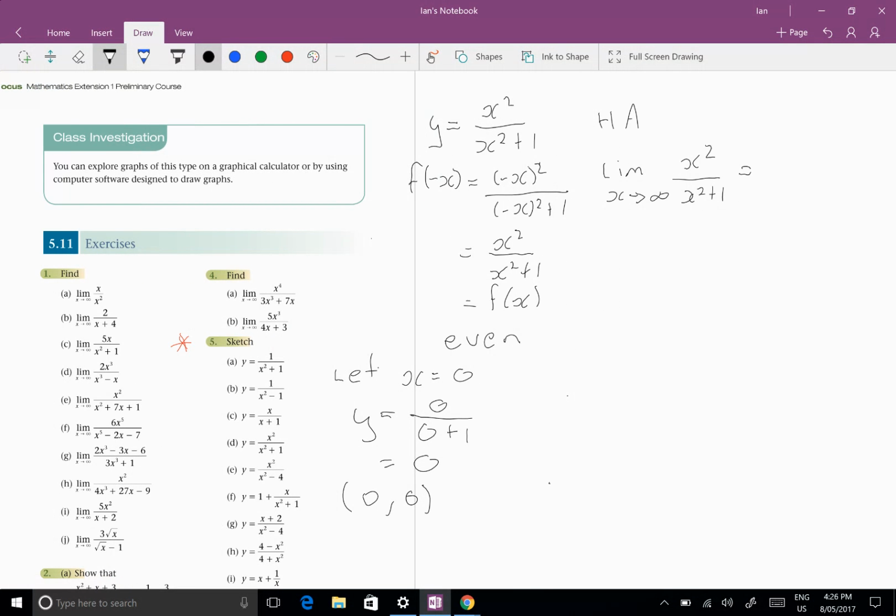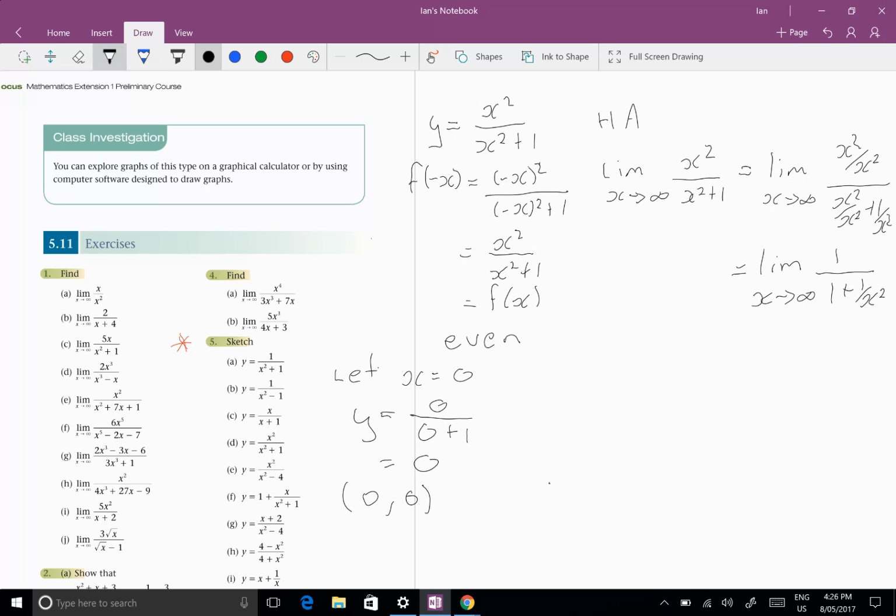And now that equals the limit as x approaches infinity. We'll divide by the highest power of x, which gives us x squared on x squared all over x squared on x squared plus 1, which gives us the limit as x approaches infinity of 1 on 1, I'm sorry, I forgot this x squared over here, plus 1 on x squared.